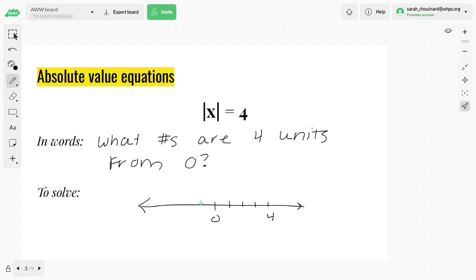So 4 is 4 units from 0, but so is -4. There are two possibilities: x could be -4 or x could be +4, because if I take the absolute value of either of those numbers, I get +4.